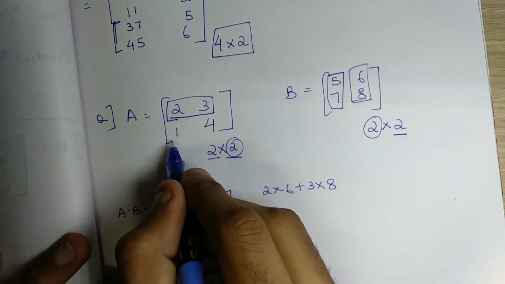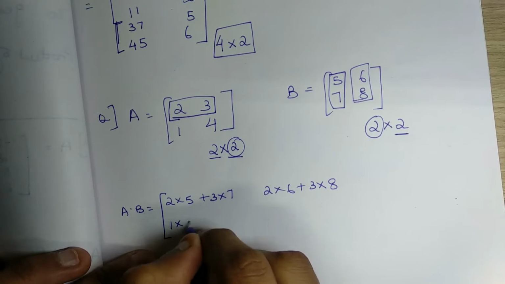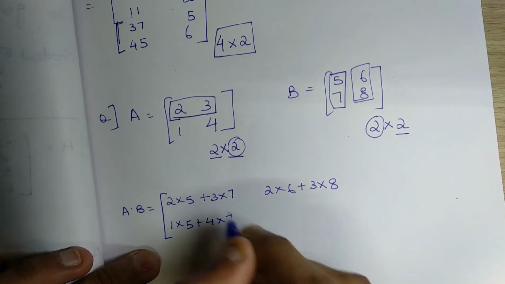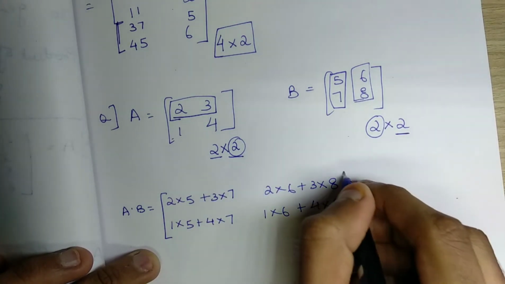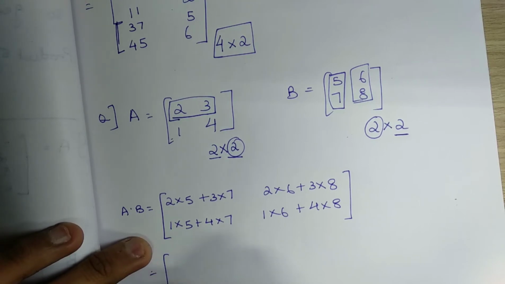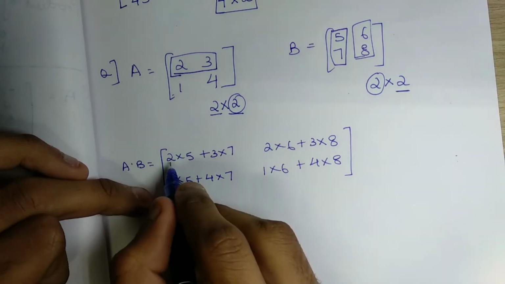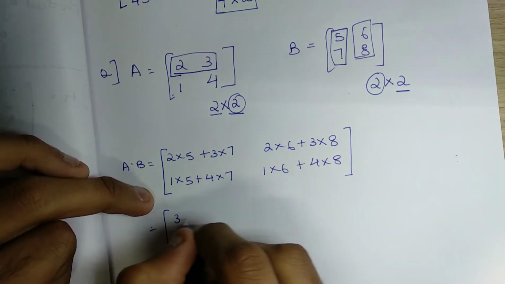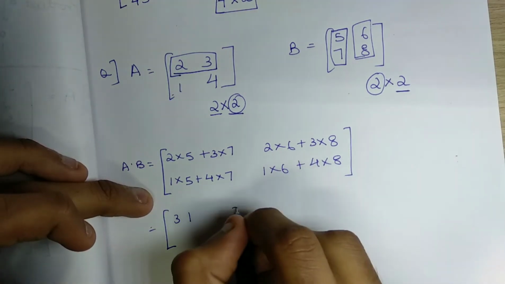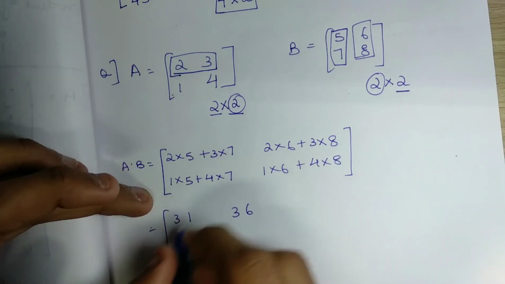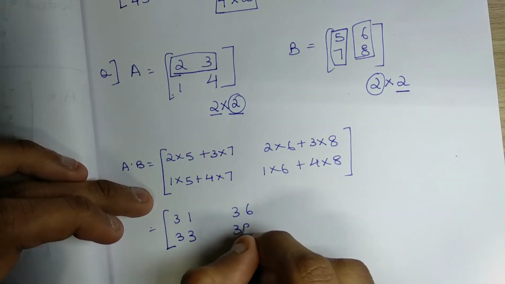So similarly, we do with the elements along the second row of matrix A. So here it is. The final answer would be 31, 36, 33, and 38.